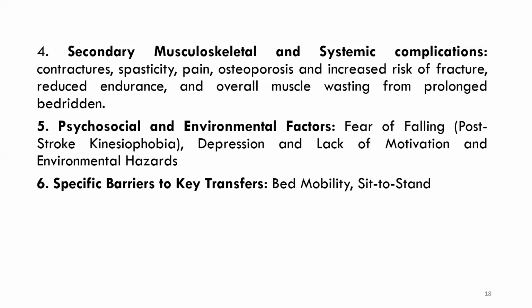Maybe the floor is slippery, or there are no objects that the individual can hold and walk within the environment, or perhaps due to the disability, the environment is not well designed to suit individuals with disability, especially stroke. So environmental factors in that situation contribute towards individuals with stroke having problems with either mobility or transfer.